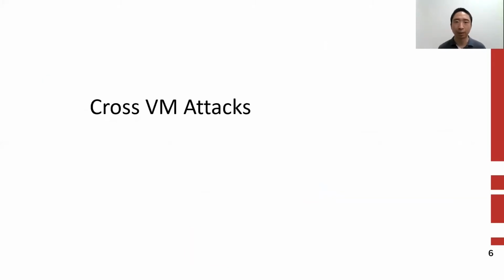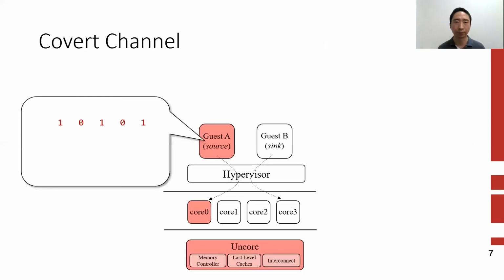Next, we talk about how to extend the above idea to launch a practical attack on virtual machines in a multi-tenant cloud. First, we consider the covert channel between 2 co-located VM guests.